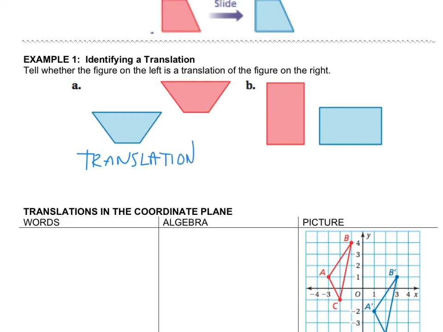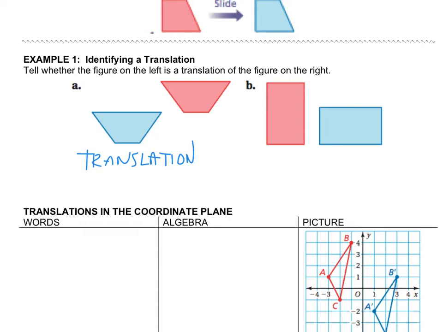They have to be the exact same size and shape, but they also have to be able to be slid across the paper in whatever directions you want to have them be exactly what they used to be when you started. So looking at the second one, this seems to be the same size. It is definitely the same shape because we have a rectangle. But could I just take my pen and put it here and slide it to this shape?